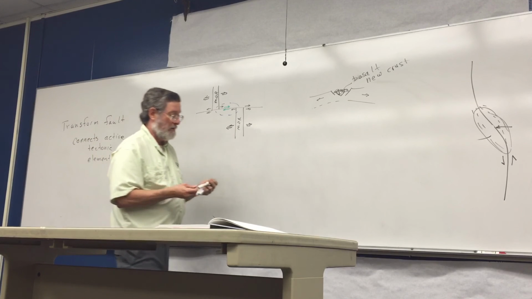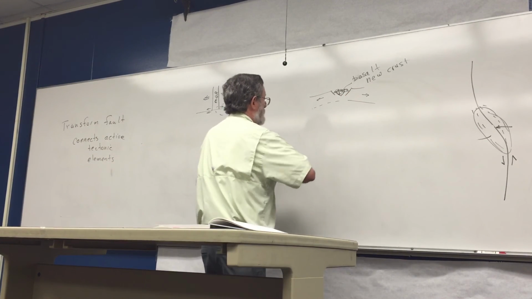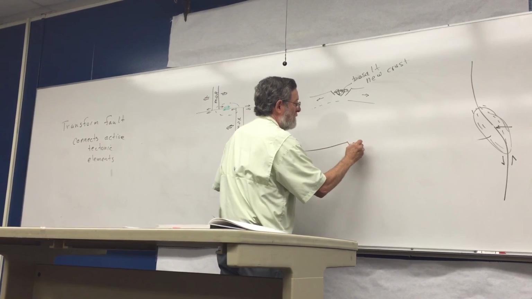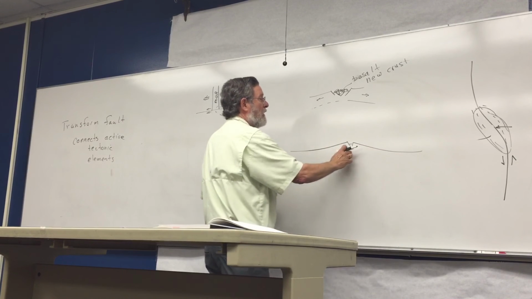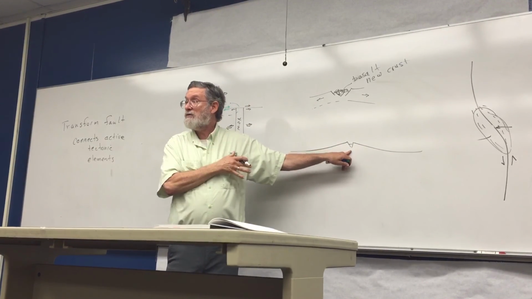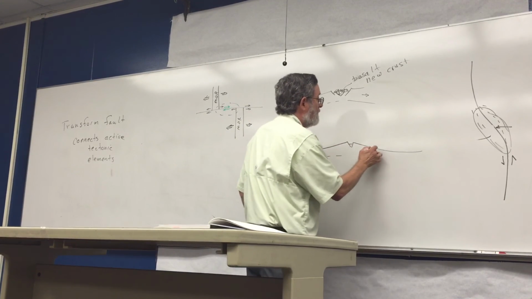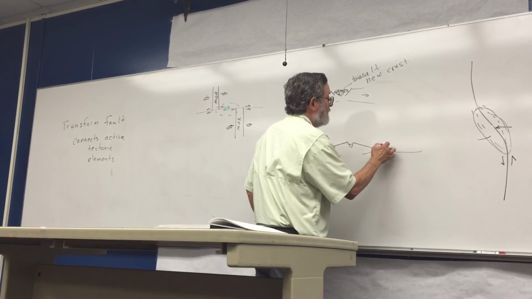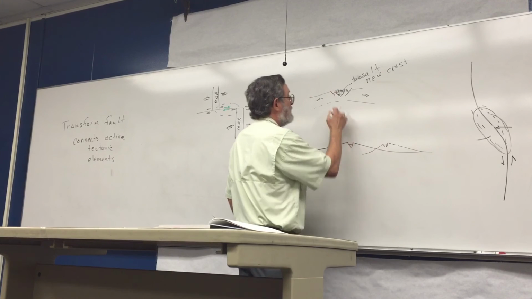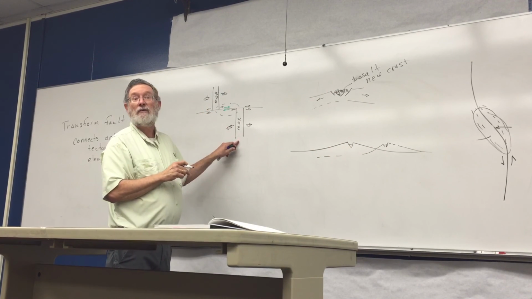What we do see is, if we go back and look at this, if we exaggerate a little bit, our seafloor topography is highest at the mid-ocean ridge. So I'm going to superimpose a second ridge down here. So we're seeing this one and we're seeing this one.